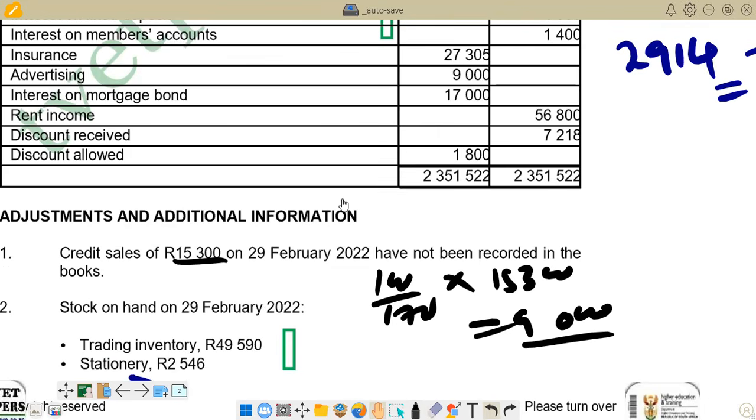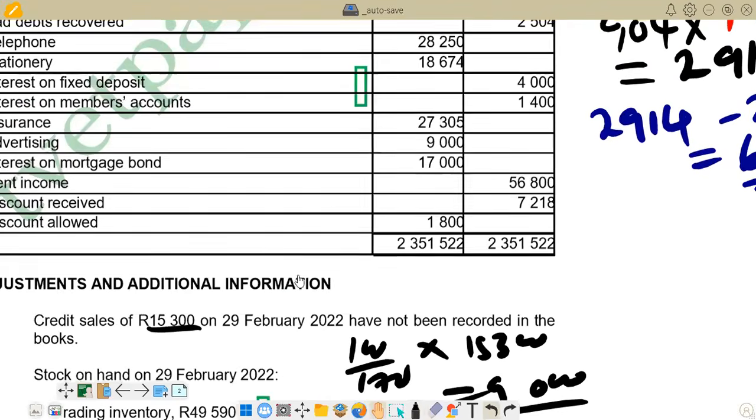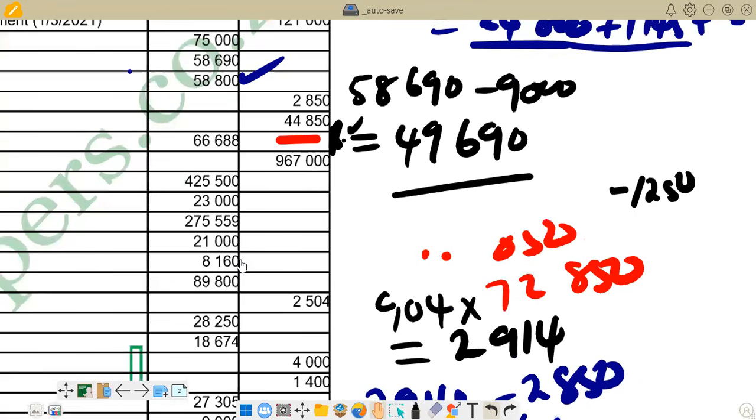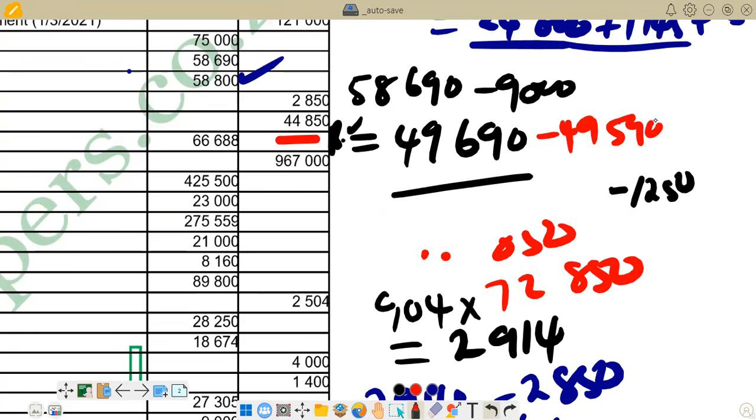So we subtract that one, 49,590, from 49,690. Obviously, we are going to get 100.